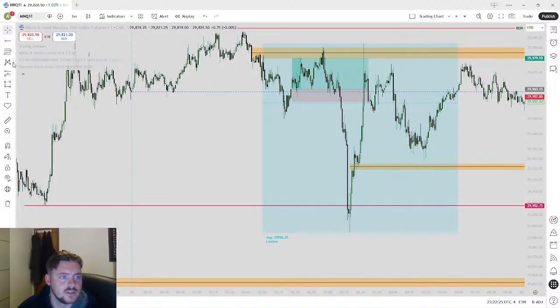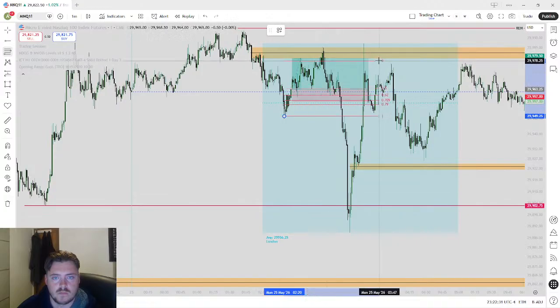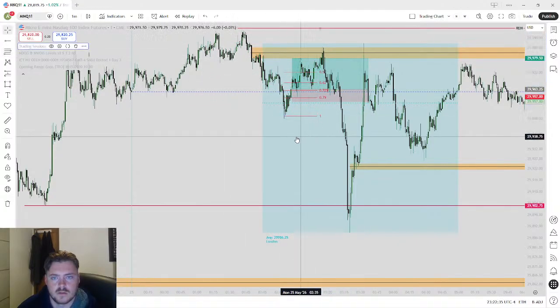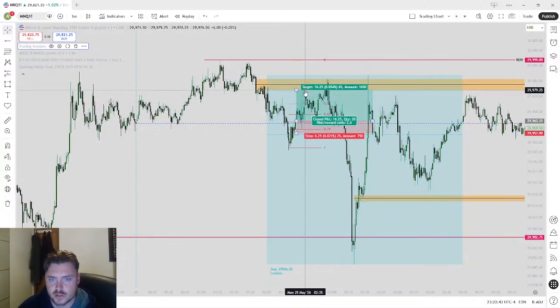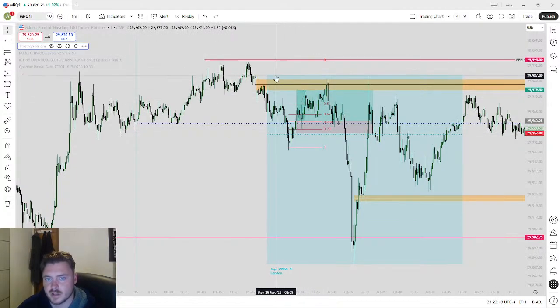it's like X-ray vision. Optimal trade entry here if we're targeting those highs. So you could think that, but again, I'm teaching you to not always target the liquidity, target the inefficiency.